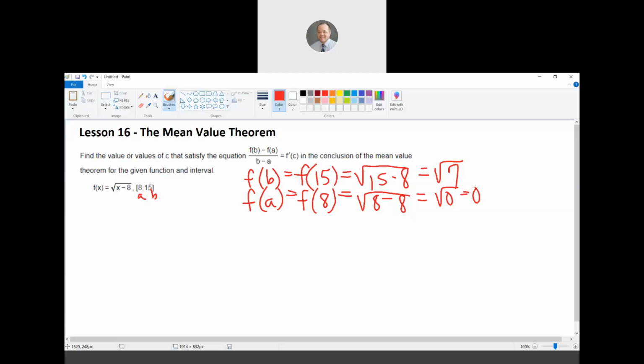Well, before we do that, we need to find f prime of c also. And all you do in your original function, everywhere you see an x, replace it with c. So we have the square root of c minus 8, which is really c minus 8 to the 1/2 power.